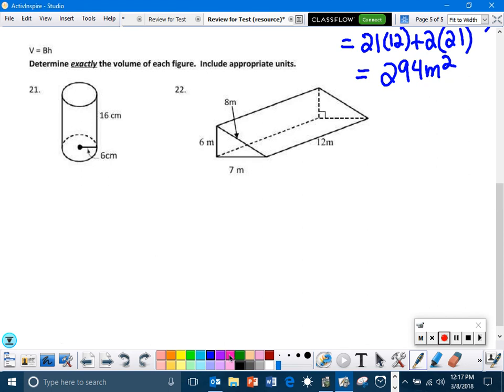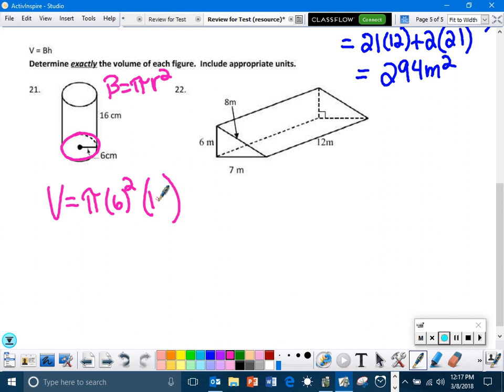So the volume of this one is going to be, again, the base area is pi r squared because it's a circle. So I'm going to go pi times 6 squared times the height, which is 16. Again, we're going to leave the pi symbol alone. So the pi symbol is going to be in our answer.